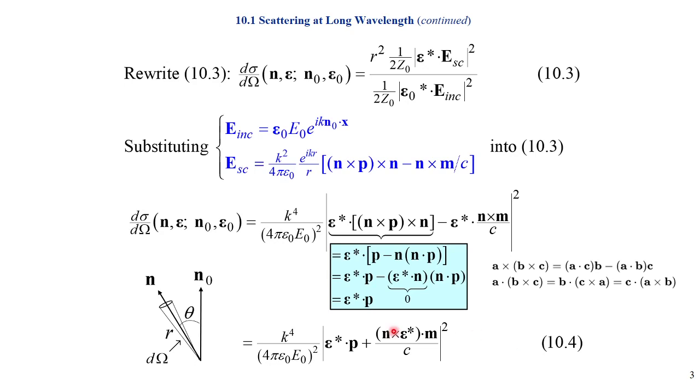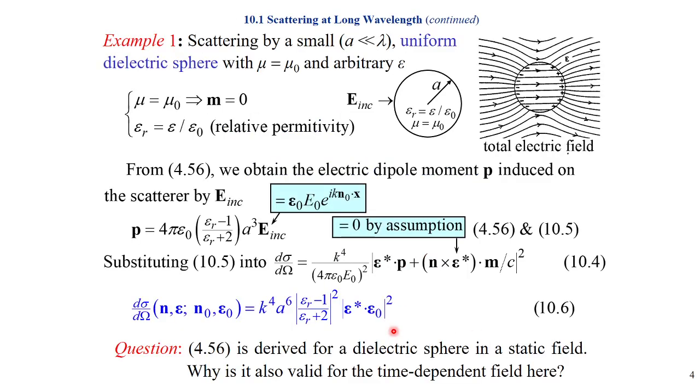So we will consider the simplest case. No magnetic dipole, just electric dipole. So we have example 1, scattering by a small uniform dielectric sphere with mu equals mu 0.